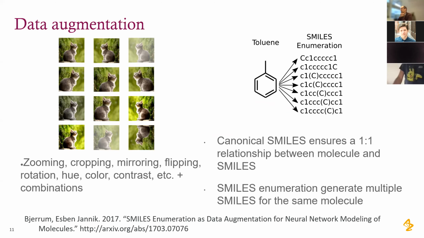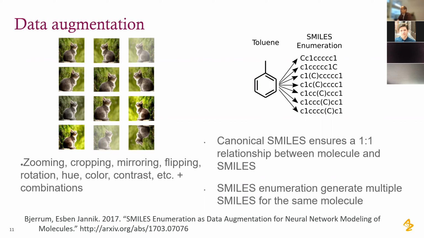So you can take a picture of a cat, labeled as a cat sitting in the forest, but then we can do various permutations to this image. We can mirror it, change the colors of it, crop it in various ways, or maybe even turn it upside down or rotate it some way. It has long been known in image recognition that this increases the robustness of the final network.